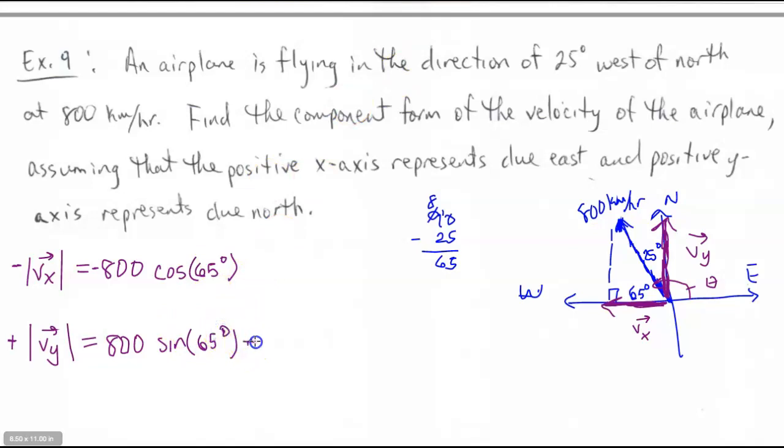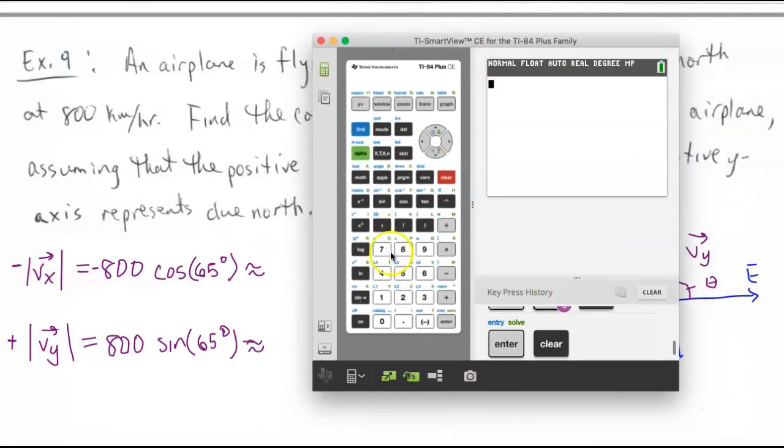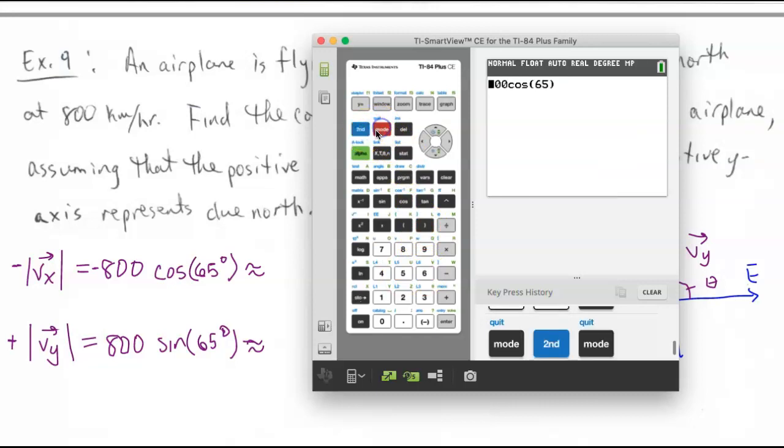Right. And so here, all we need to do is put these values in our calculator and figure out what the corresponding values would be. So we'll just say 800 cosine of 65 degrees, and I'll check to make sure that I am in degree mode. And that's going to be 338.09.